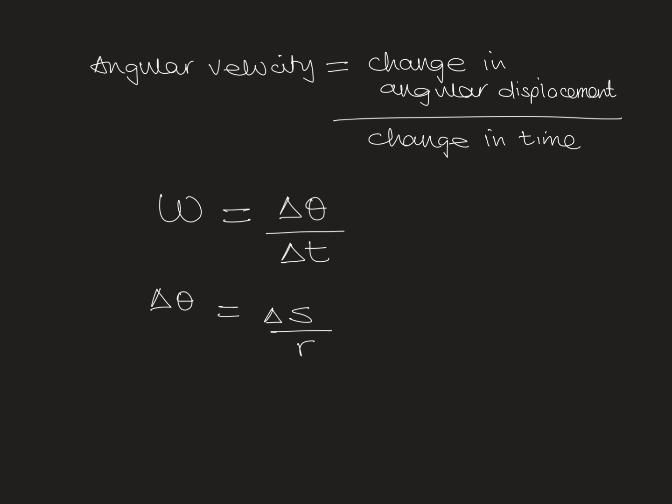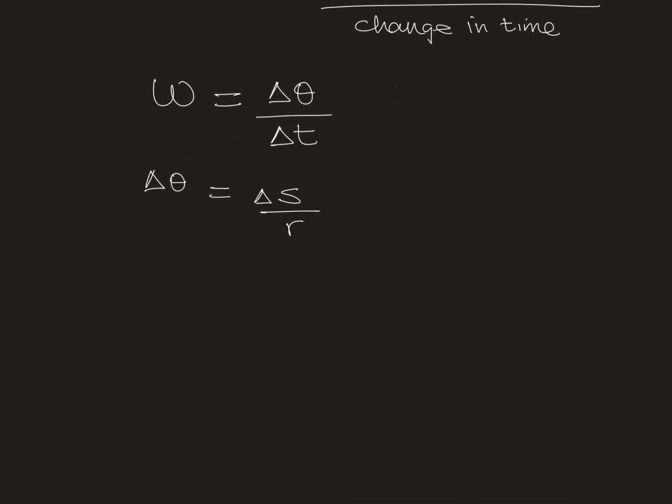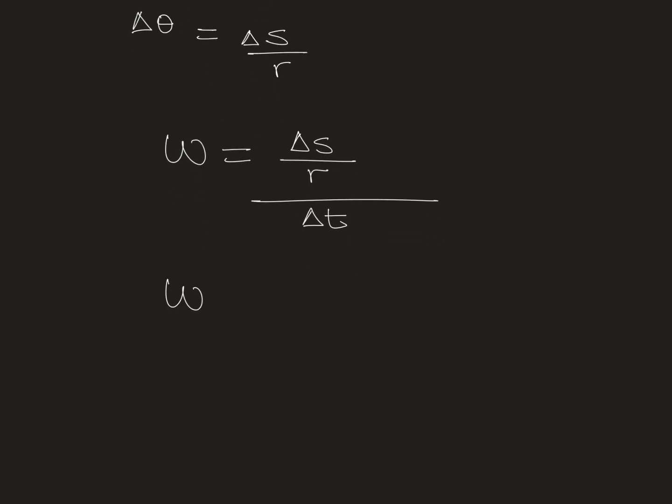So if I substitute that into this equation, then I will have omega is equal to, what is delta theta? Delta theta is delta S divided by R. This is going to be divided by delta T. So omega is equal to delta S over R, divided by change in time.